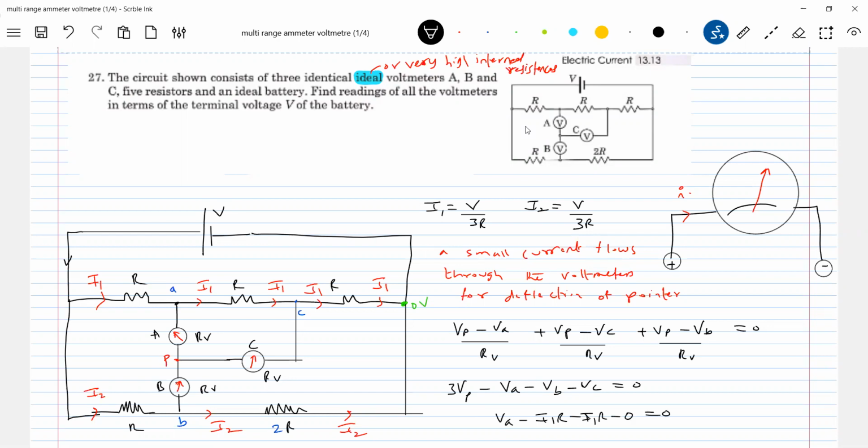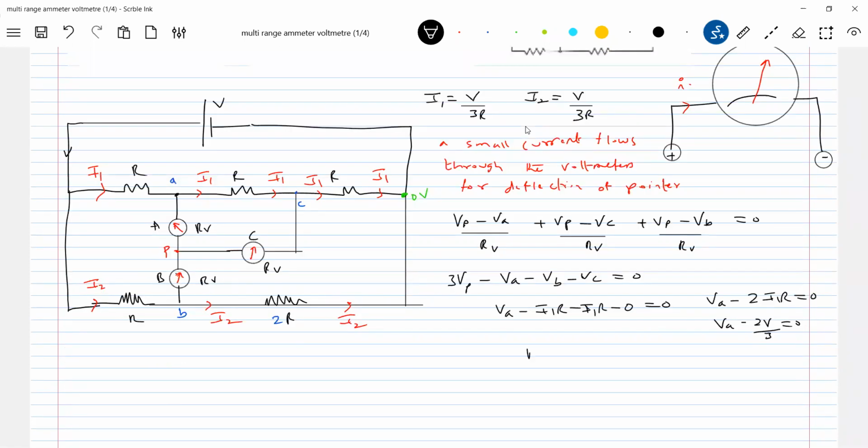What is the potential of this point? Equal to 0. Do we know I1? As I1 we know, VA minus 2I1R equals 0. So what is I1R equal to? V by 3. So this will become 2V by 3. So the potential of point A is how much now? 2V by 3.